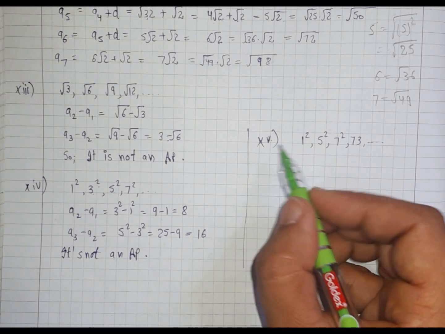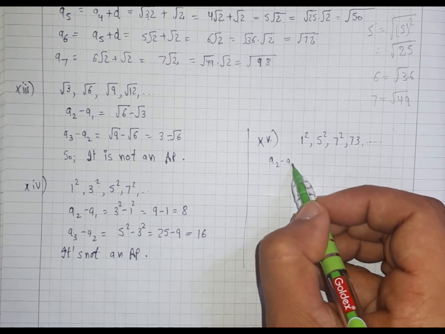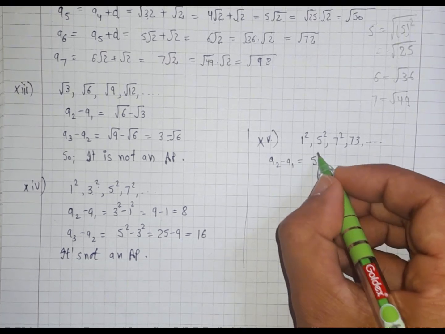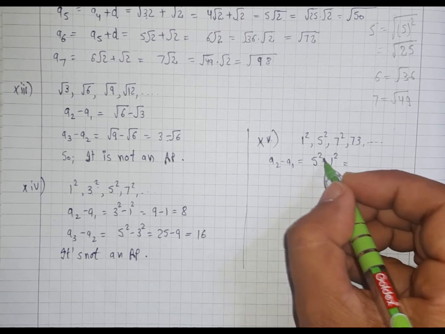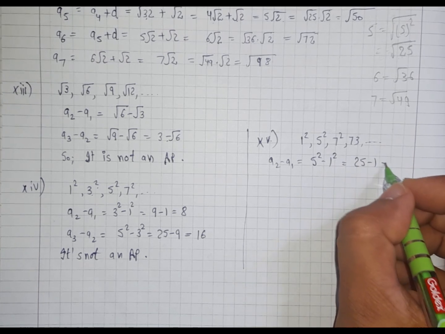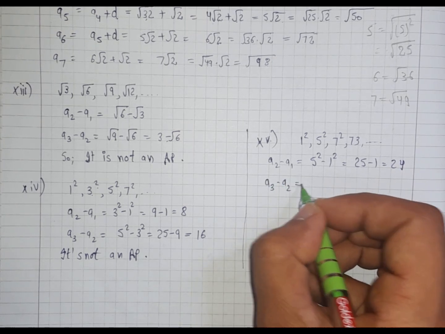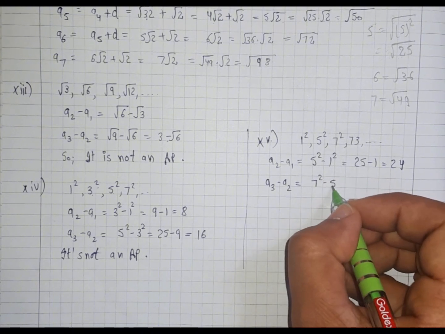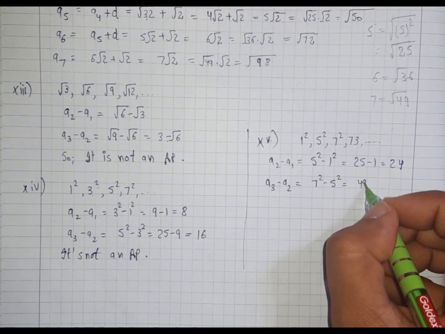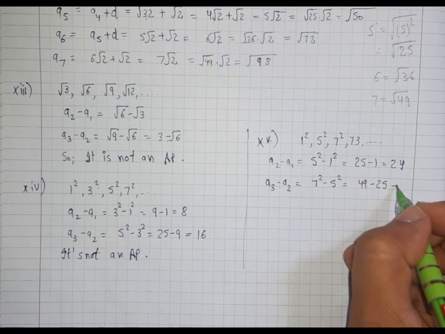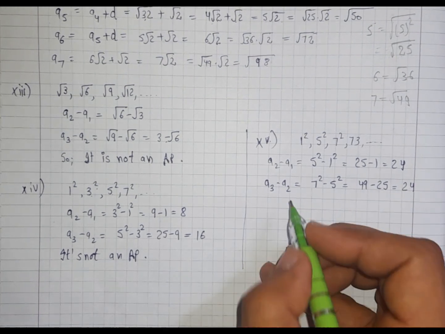In the last part, a2 minus a1 equals 5 squared minus 1 squared, that is 25 minus 1, 24. And a3 minus a2 equals 7 squared minus 5 squared, that is 49 minus 25, which also equals 24.